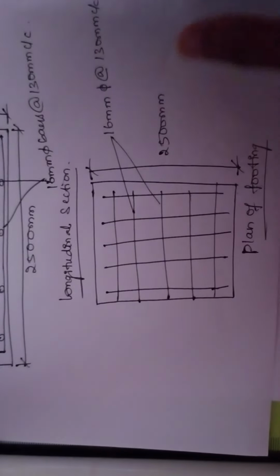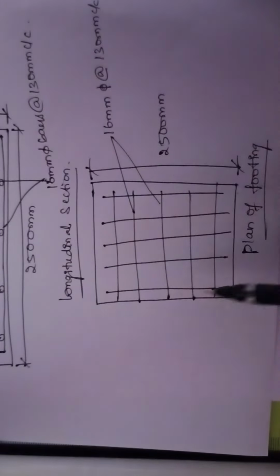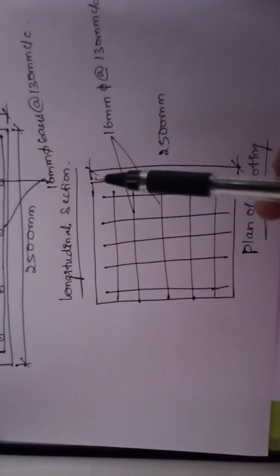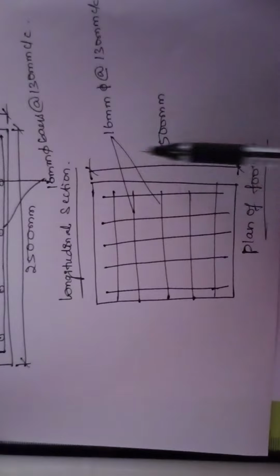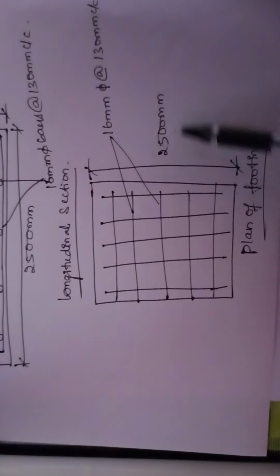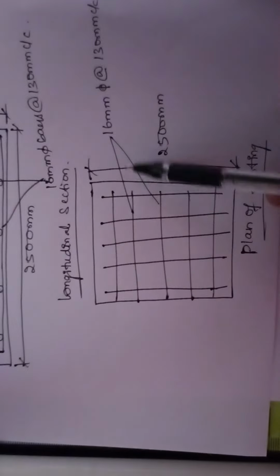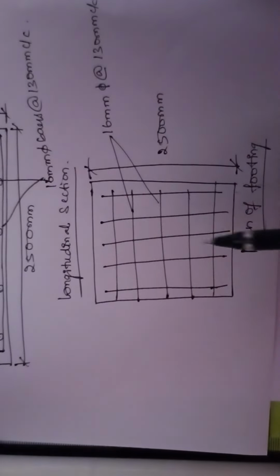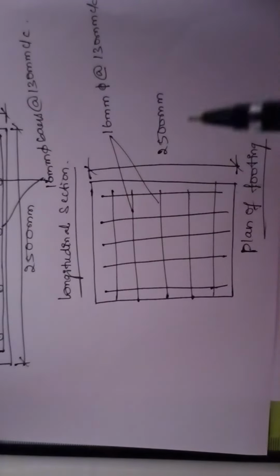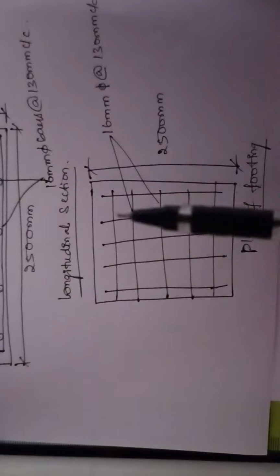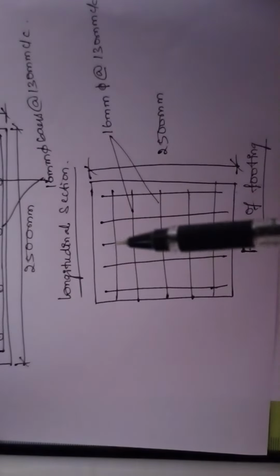If you want to draw the plan of the footing, let us draw a square, because we have designed for a square footing here. The size of the square will be 2500 mm by 2500 mm. Then by giving the effective cover gap from all four sides, you draw the vertical lines as well as the horizontal lines. It is not necessary to keep it to scale and measure 130 mm exactly, because we just have to show the reinforcement details here.